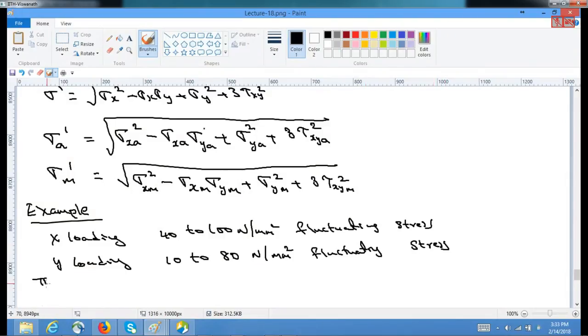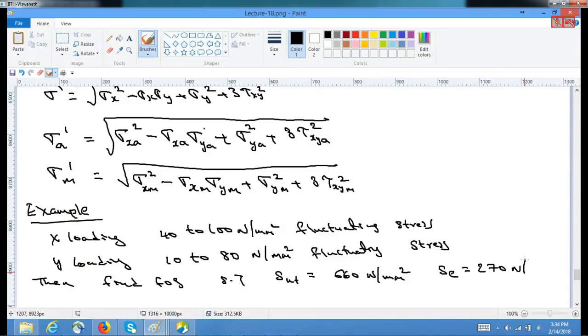Then find the factor of safety such that sigma SUT is equal to 660 Newton per mm square, and SE is 270 Newton per mm square.